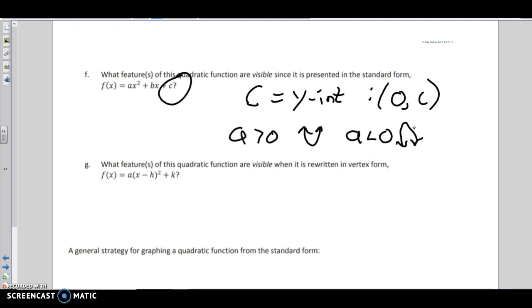And it will also tell me whether it's stretched or if it has been shrunk vertically.